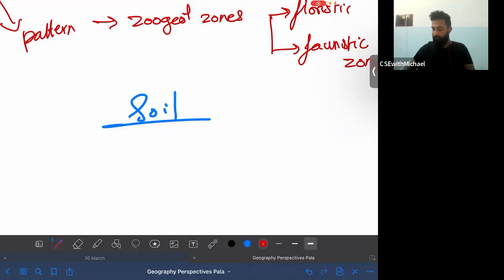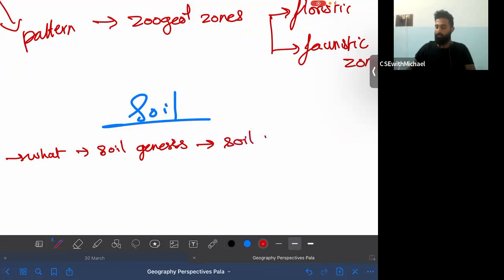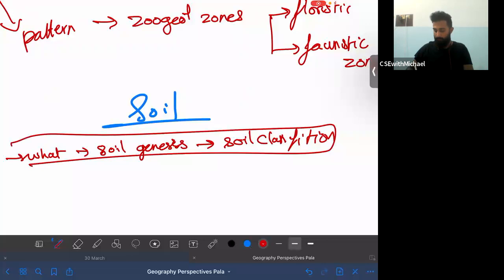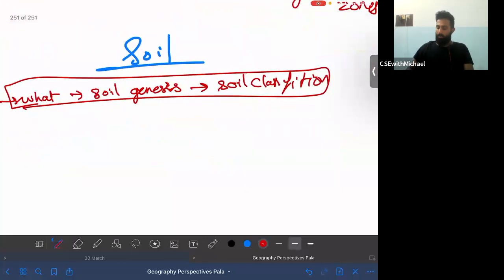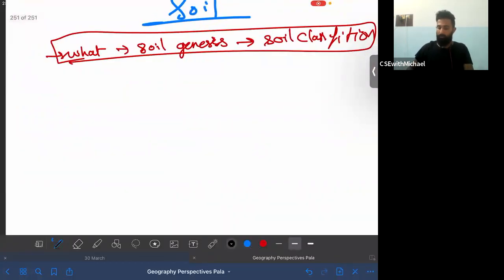This topic would cover a few things: what is soil, the method of soil formation, that is known as soil genesis, and then soil classification. These three would be the most important topics that we are going to see today. All right, so we'll start.